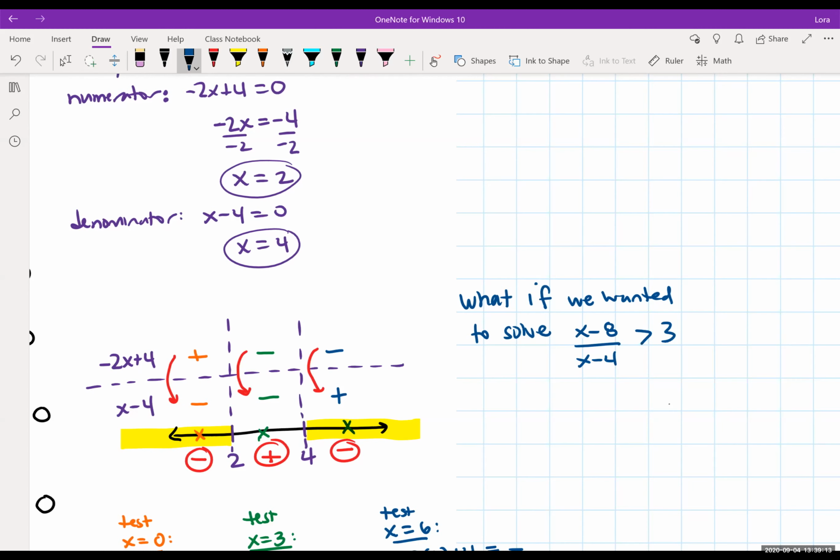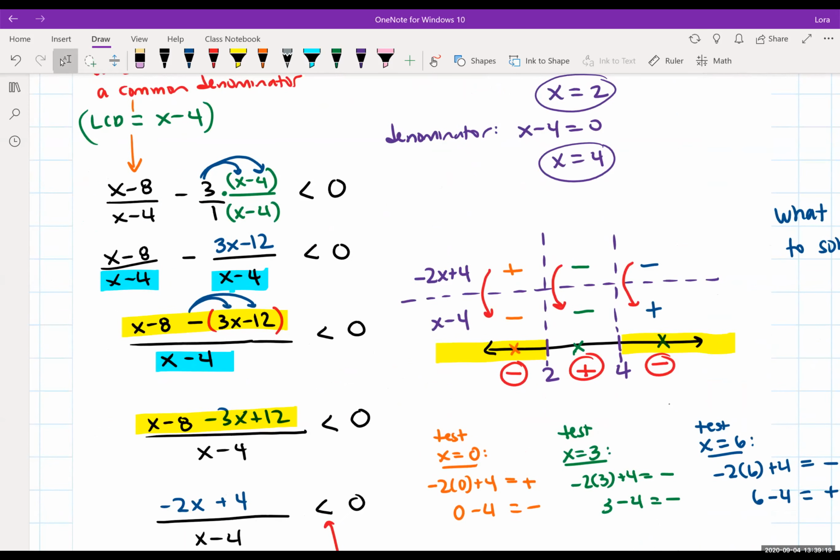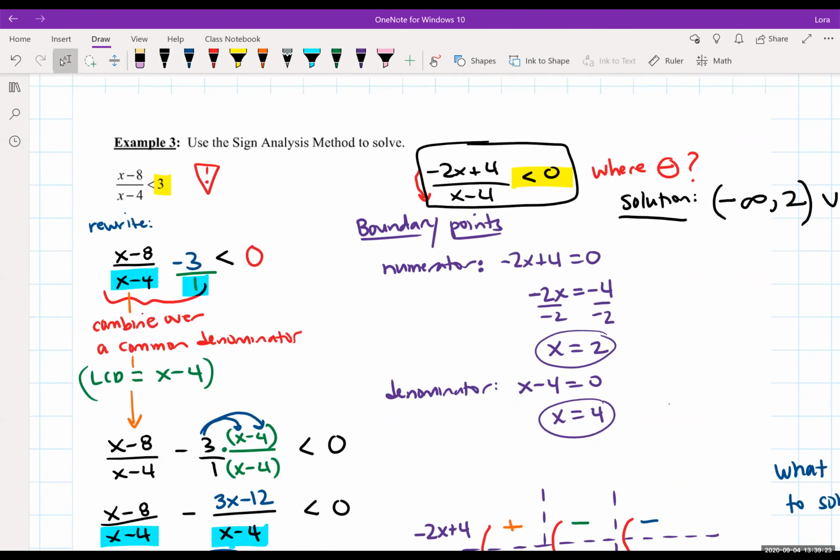Nothing has changed in this sense. So you don't have to rewrite all of the work we did over here. We've actually demonstrated that the original inequality is equivalent to the inequality we rewrote when we were trying to make it compared to 0.